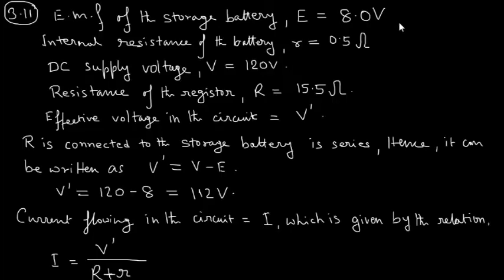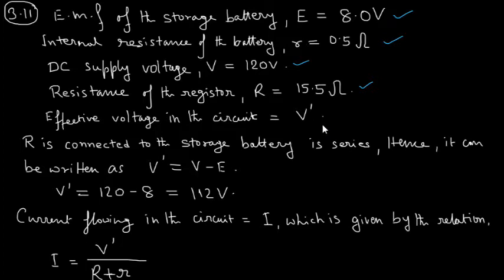EMF of storage battery E is equal to 8 volt. Internal resistance of the battery r is equal to 0.5 ohm. DC supply voltage V is equal to 120 volt. Resistance of the resistor R is equal to 15.5 ohm.